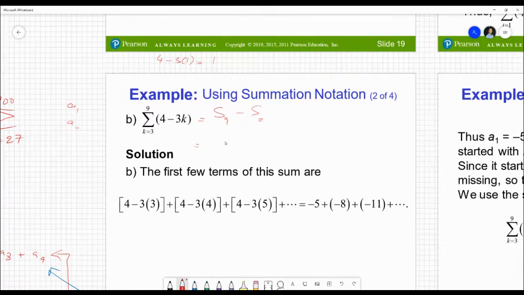So S9 is equal to 9 divided by 2, times A1, which is 1, plus A9, so now you have to plug in 9 into here. 4 minus 3 times 9, that's negative 27. And I'm going to have negative 23.